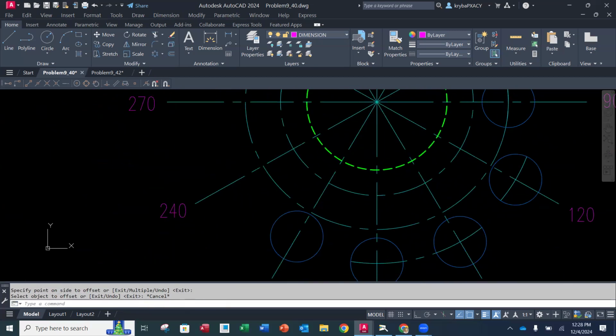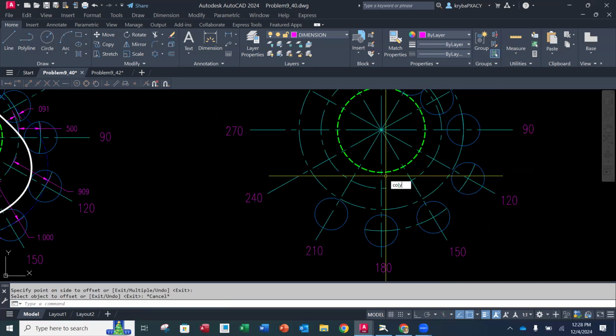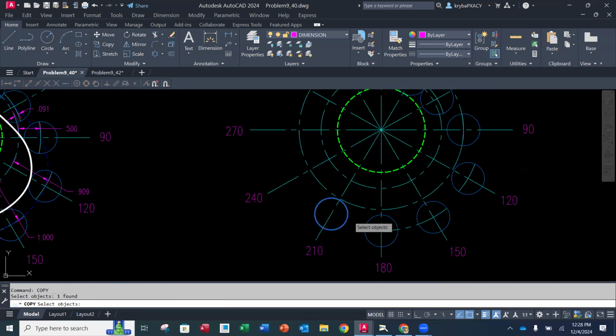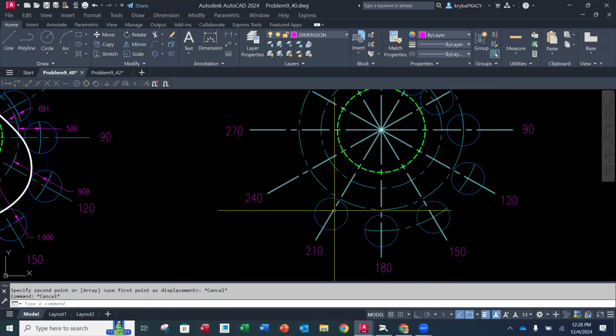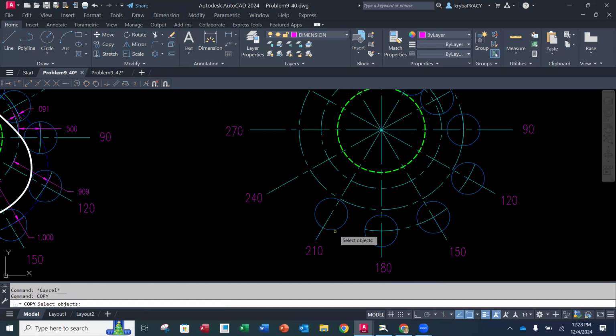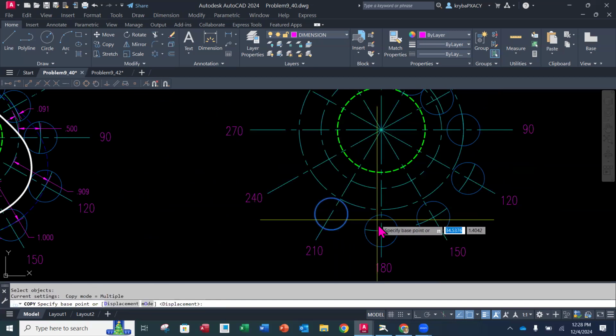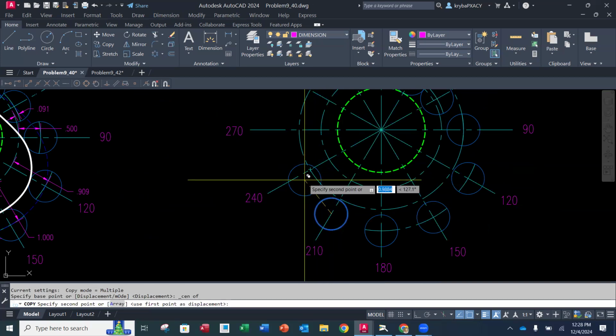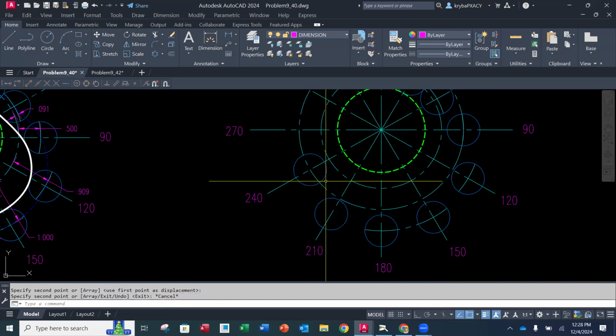I just need to get them in here, and then I'll show you what you'll do on that profile. To the intersection.